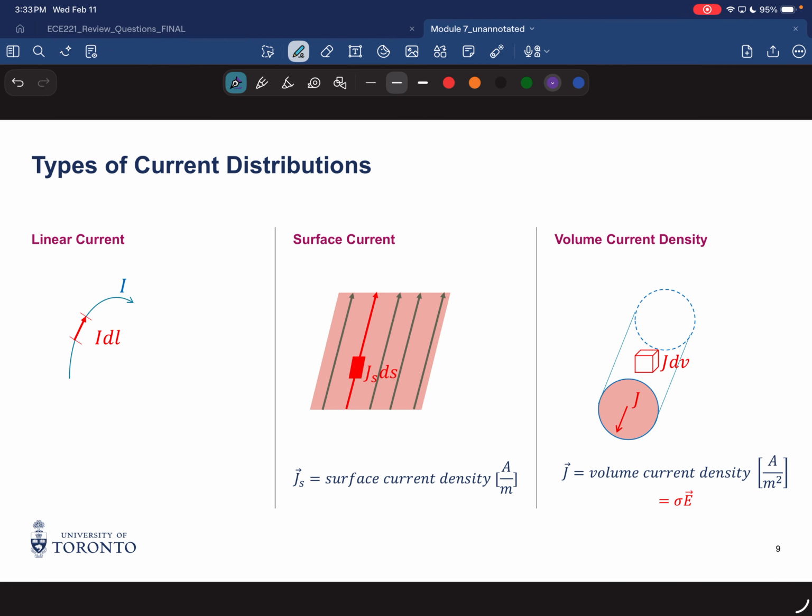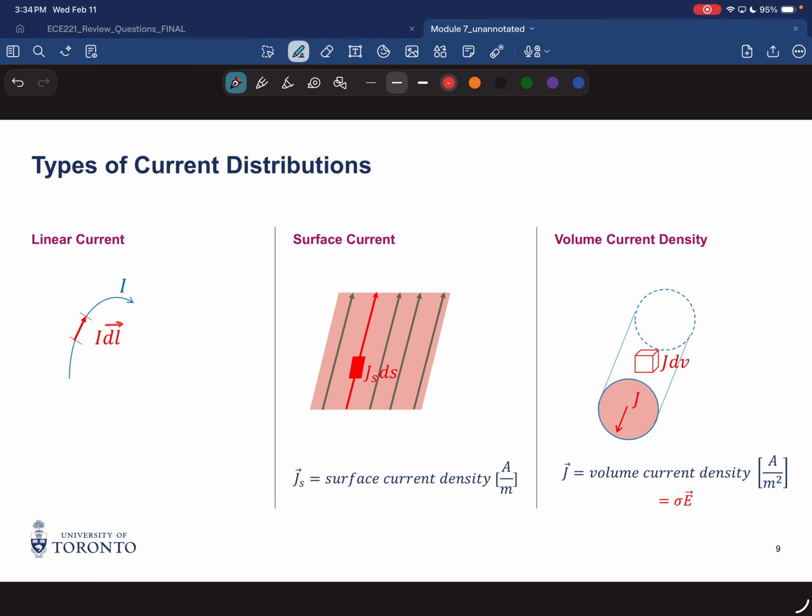So, since we started talking about current again, let's remind ourselves that we had 3 types of currents, right? Linear one, which is ideal. This is a vector. Or we have surface current density, which is ampere per meter.